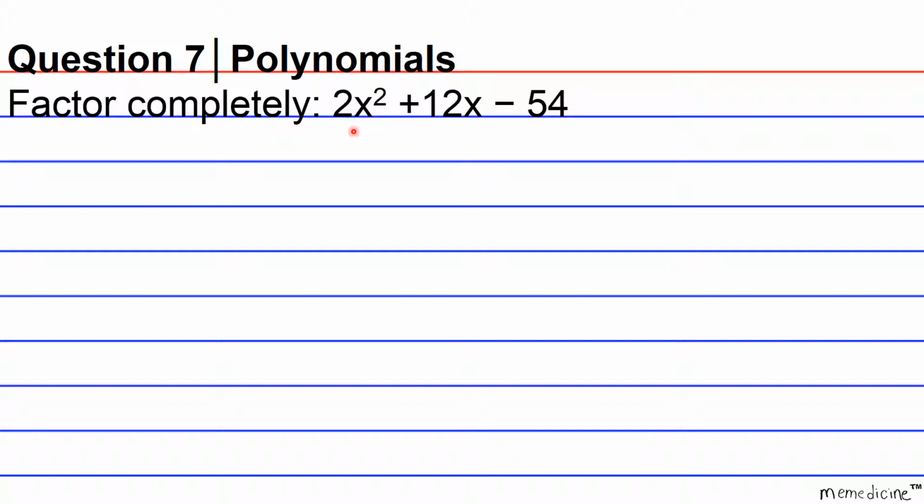If you were to factor each term out, that is, resolve each component into the factors that you need to multiply to get each individual result, you get something like this. 2 times x, 2 times 2 times 3 times x, and 2 times something times 27.